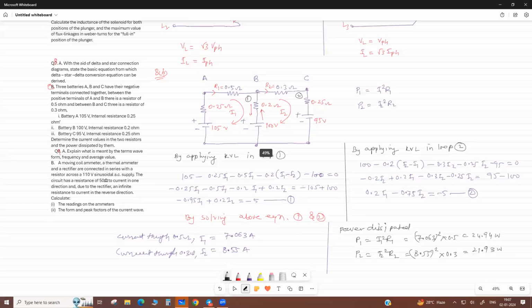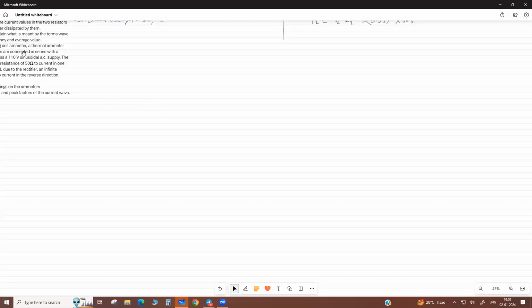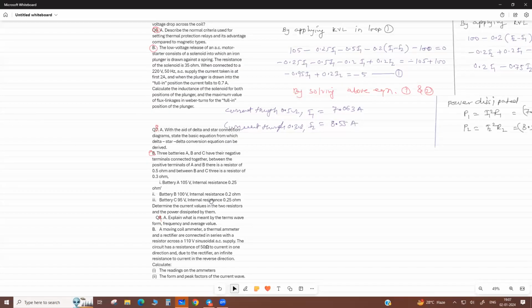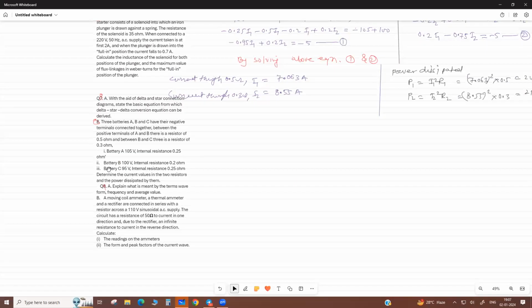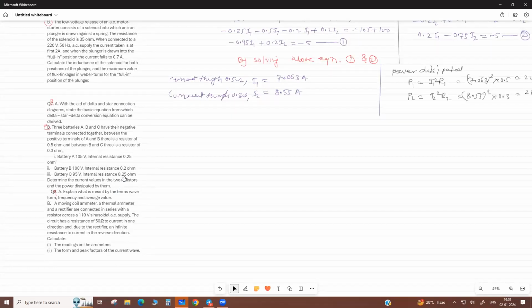Next question is based on your rectifier. So here you need knowledge of rectifiers and AC fundamentals: what are the peak value, RMS value, form factor, peak factor.